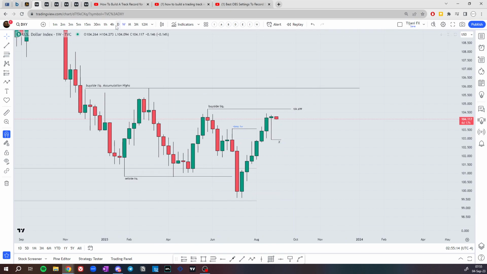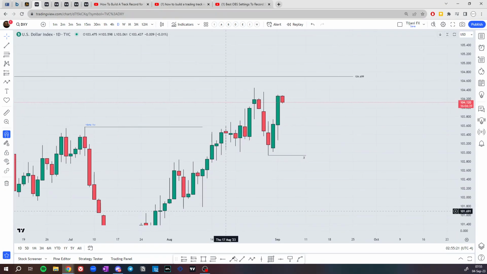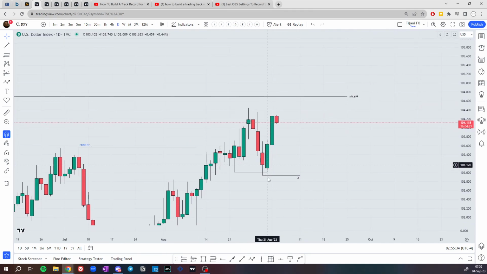Right? On the daily time frame, what we see is price has taken the sell side liquidity below these lows here, filling that weekly fair value gap, that weekly BC, and price is rallying higher.